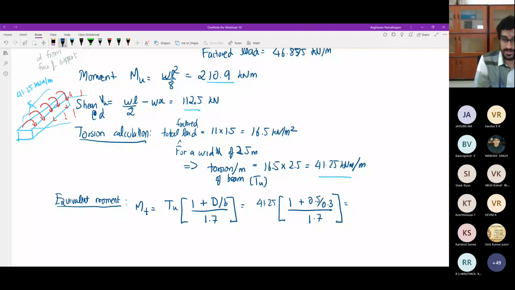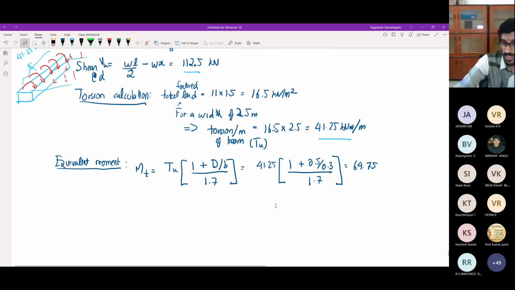How much is the bending moment effect by the torsion? 64.75.